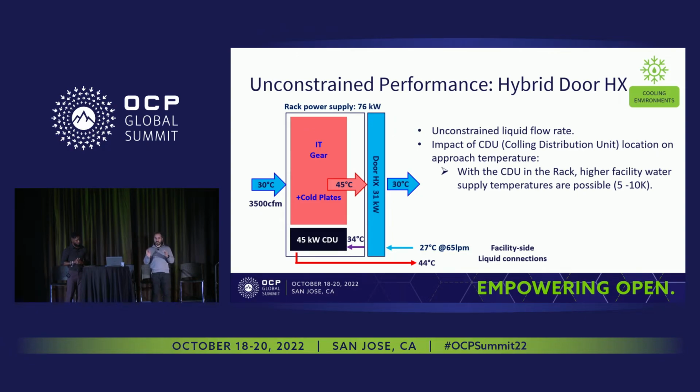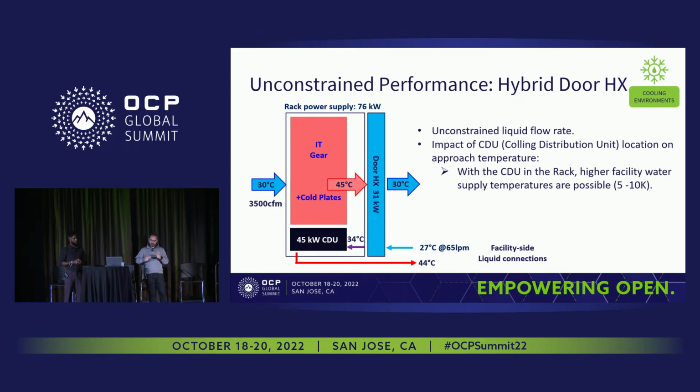So if the CDU is between the servers and the rear door, we will be able to supply water at high temperature, something like 27 degrees, and then go into the CDU. The CDU doesn't need a very high temperature, or can work with very high temperature as well.